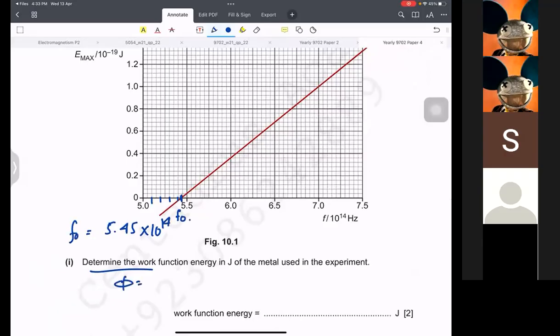So work function is equal to h f naught: 6.63 times 10 raised to minus 34 multiplied by 5.45 times 10 raised to 14. So the answer is 3.6 times 10 raised to power minus 19.